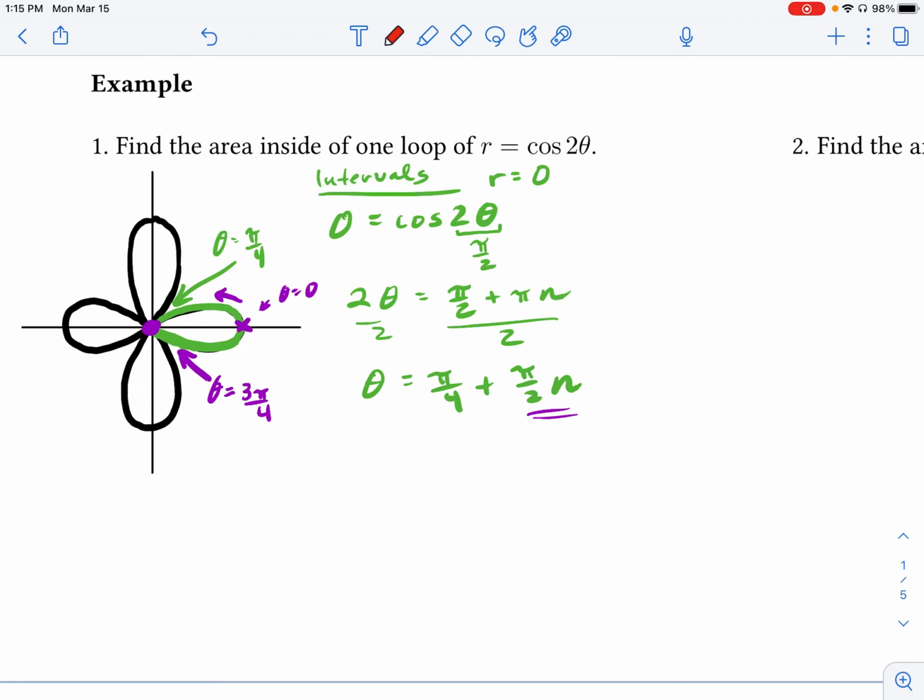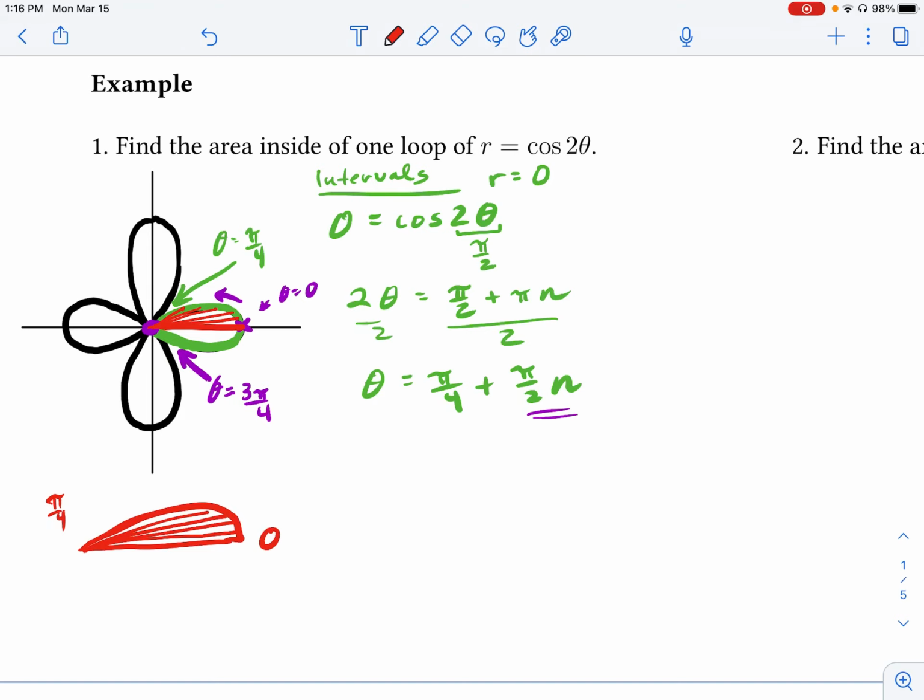If I wanted to, I could have stated that I'm going to start from 0 and graph this all the way over until it hits pi over 4. In other words, this petal here, if I draw these here, starting from 0 to pi over 4, I can find the area of this as such.